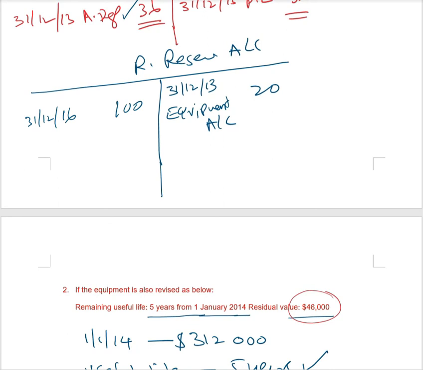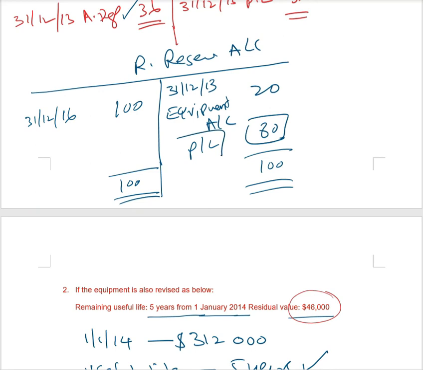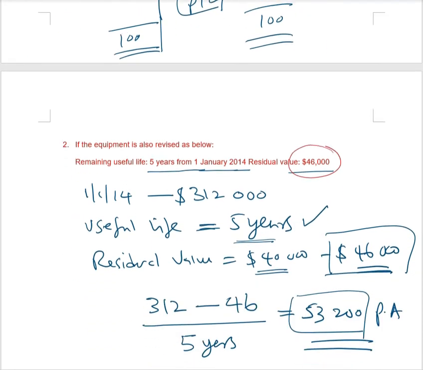So what is this difference? 80. This 80 will be charged to the profit and loss account as impairment of the asset value.